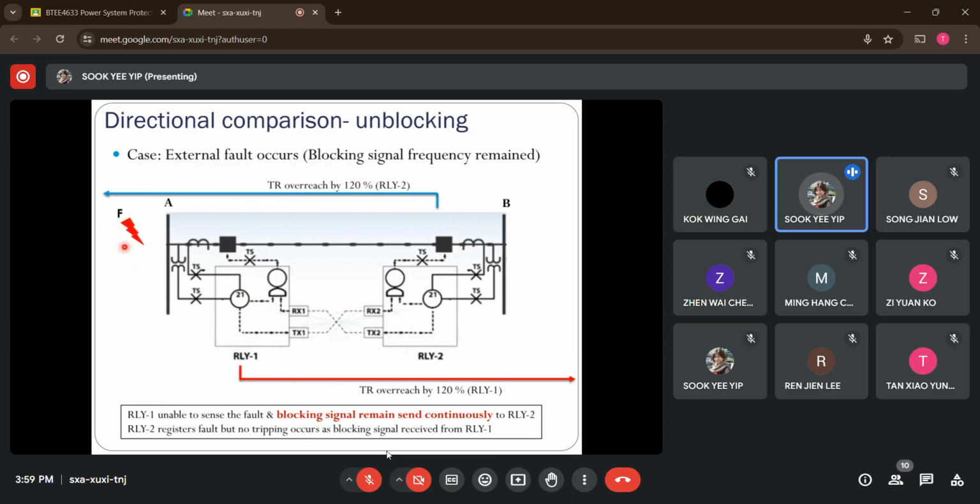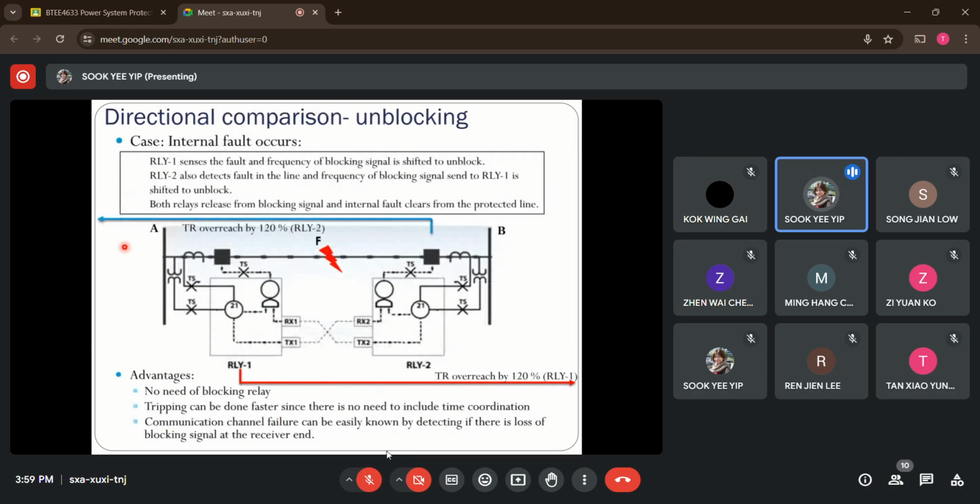It doesn't operate under external fault situations. So what happens if I have an internal fault, which really occurs within the line I want to protect? Right now, both tripping relays look into the line. Obviously, they are able to sense this fault.